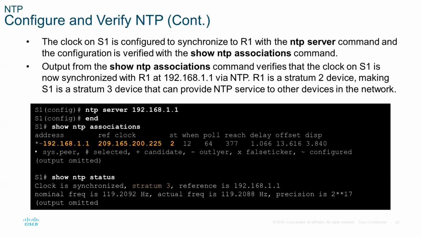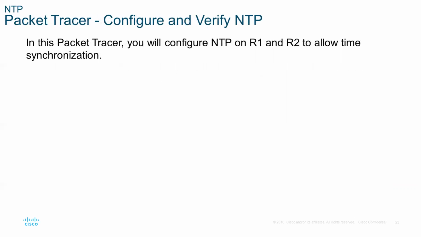It's the same command structure, so you'd go in and configure ntp server, and then point it to the address of the router. If router 1 was a stratum 2 device, then the switch is going to become a stratum 3. Rinse and repeat with another Packet Tracer activity.